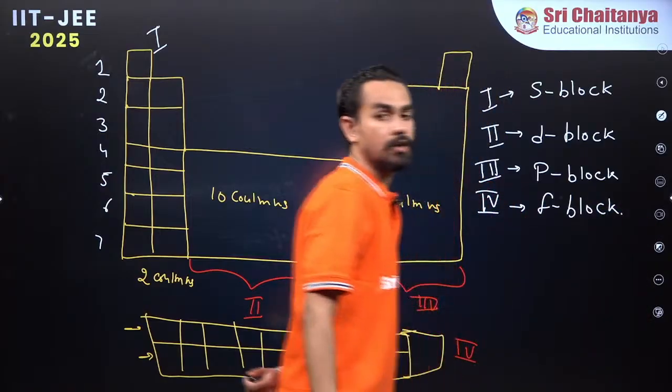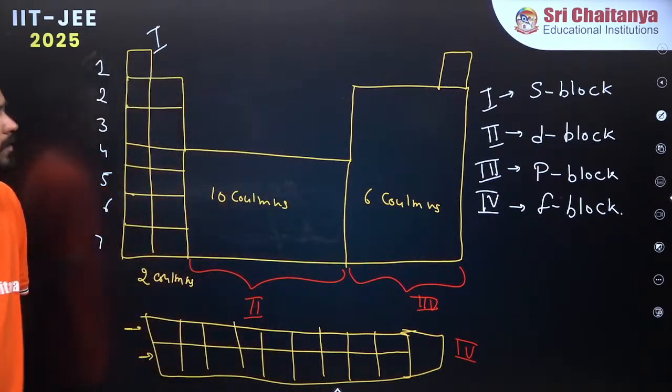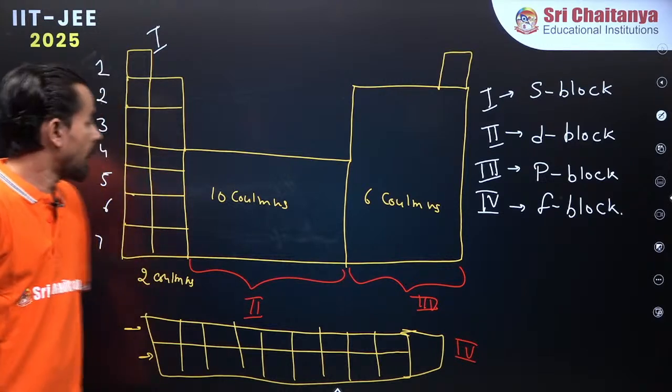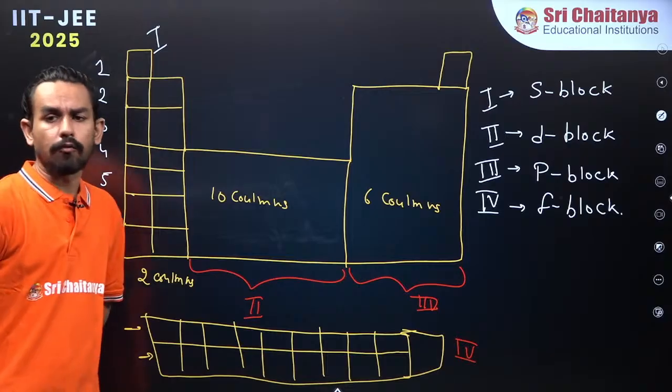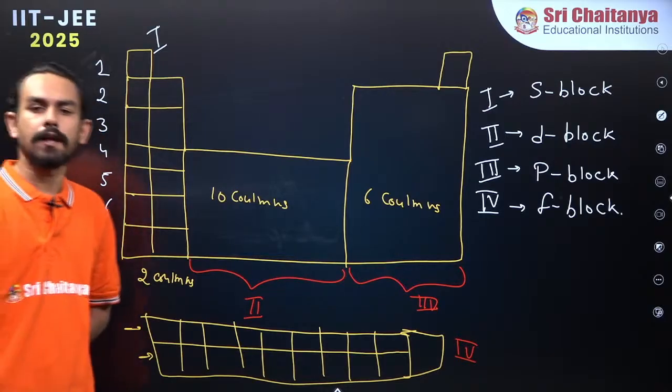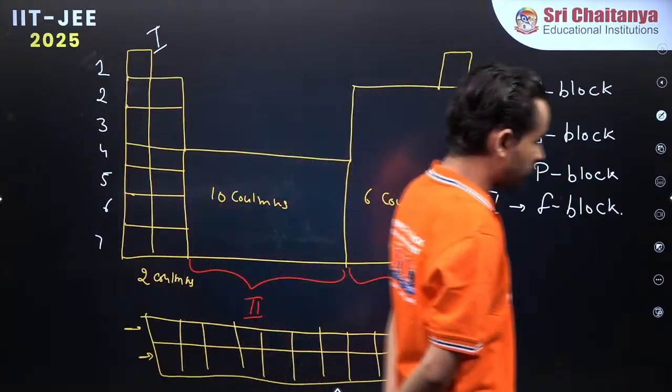This is the basic structure that you have to know. So S block, P block, D block and F block. Now you can easily think about where they exist, how and why they are given these names, that we will get to know. But till here, if you have any kind of doubt, you can ask me.